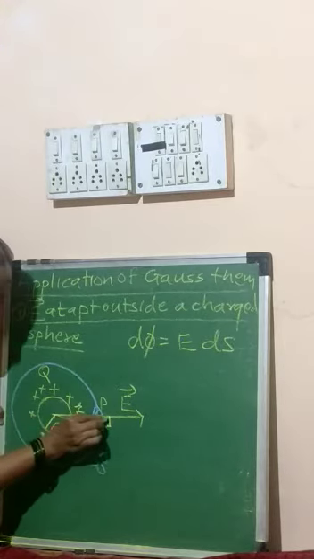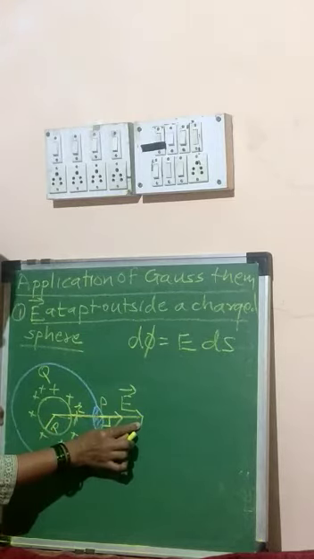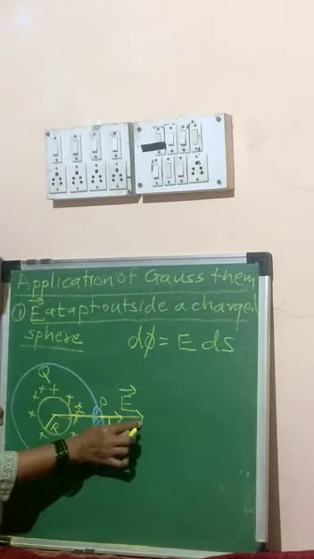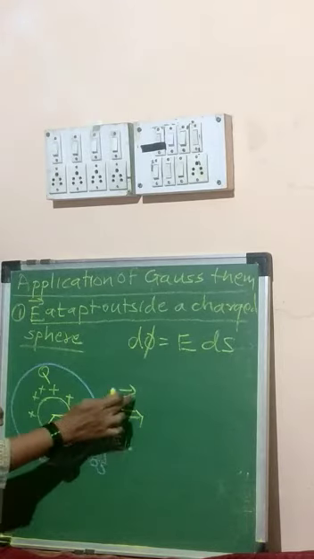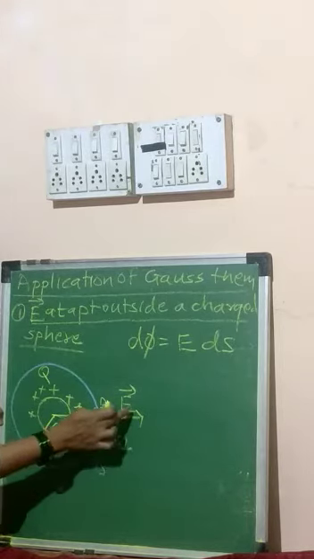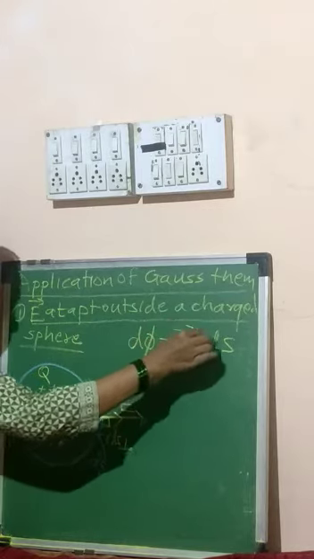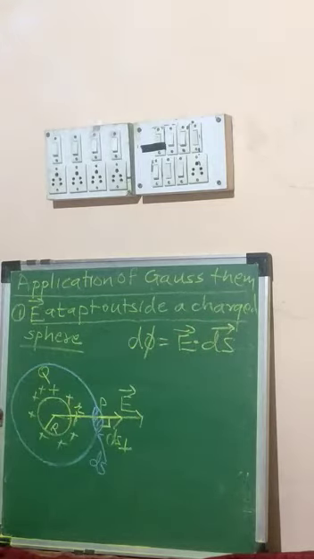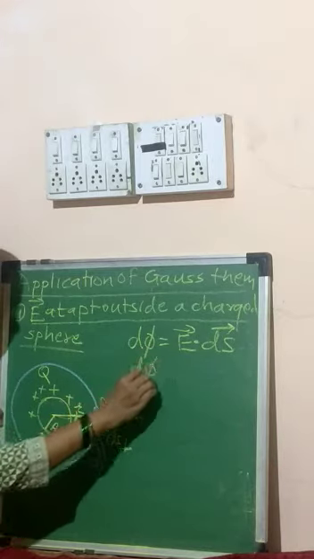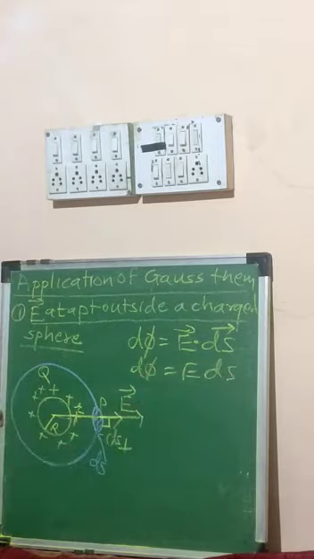Now perpendicular component of ds means along the same direction of electric intensity. So both the factors, that is perpendicular component of ds and intensity, they are parallel to each other. So angle between them is 0. Therefore, if I write this dot product, in that dot product your cos theta value reduces to cos 0, which is 1. Therefore, I can write down d phi is equal to nothing but E into ds.